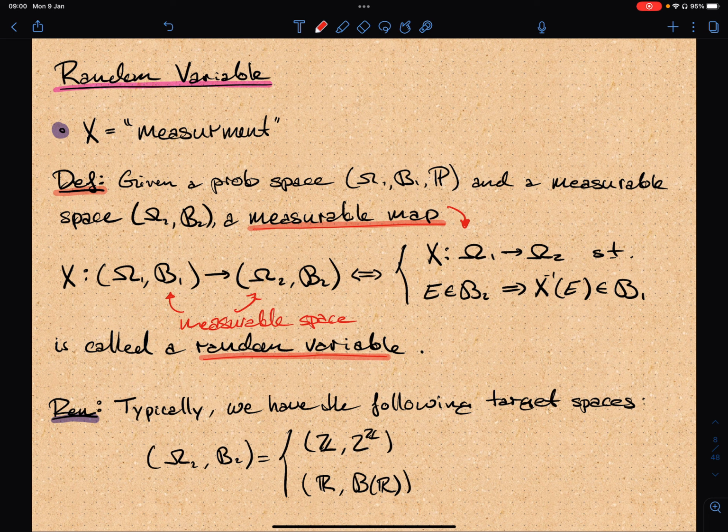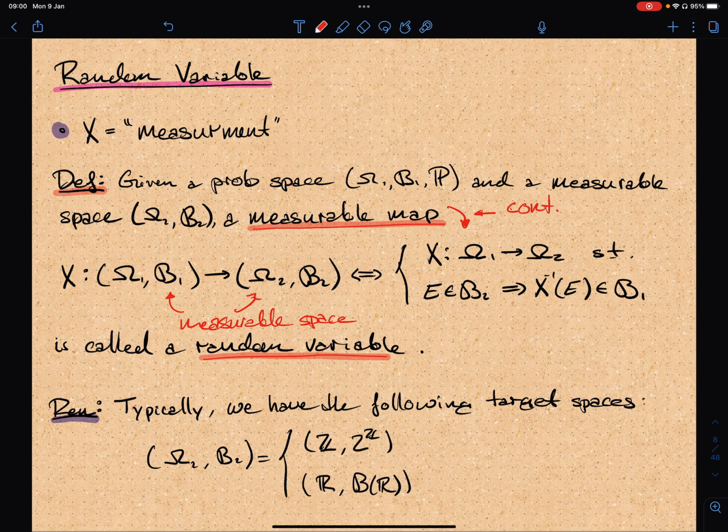And again, this is a technicality, and for most cases, we're not going to worry about this second condition about having the inverse image be in the sigma field, because we're not really worrying too much about sigma fields in this course. And the thing that I will remark is that continuous maps are always measurable, and you can have piecewise continuous, and you can even have something that's a little bit more rough, and these will be measurable maps.